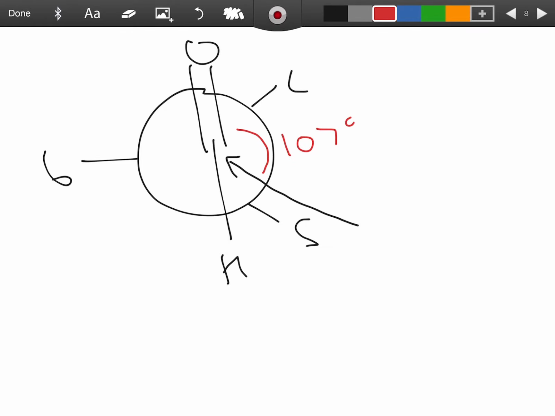It is 107 degrees from the carbonyl, and this angle is the Bürgi-Dunitz angle.